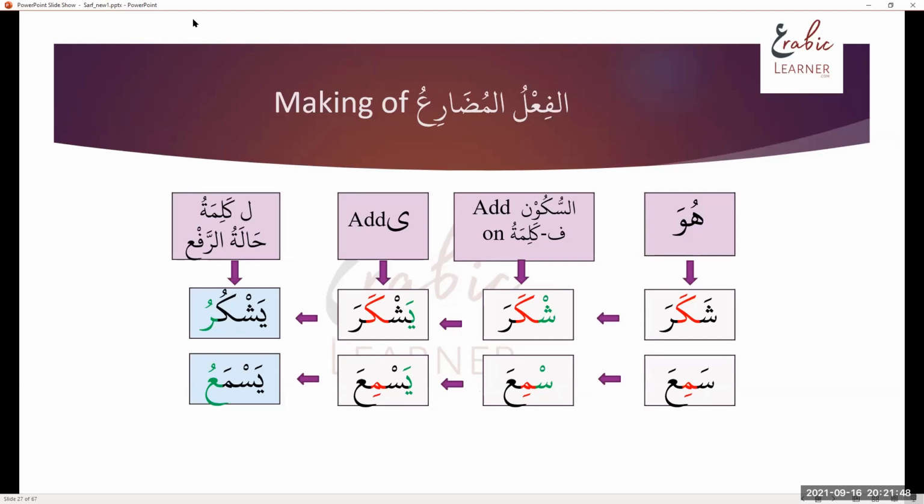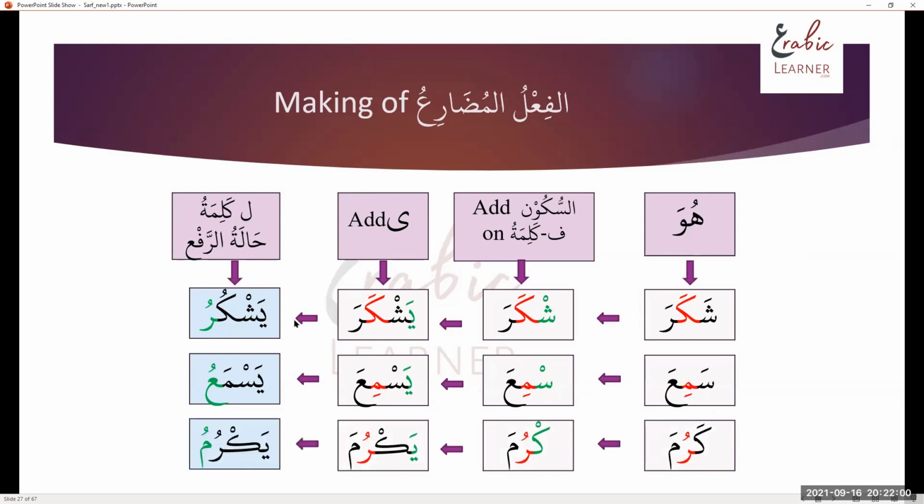Okay, let's go with another one. Another example. Karuma means he became noble. Karuma. So again, we follow this process. So it became Yakrumu. So see, now we have formed 3 examples from Maadhi to Mudaare.